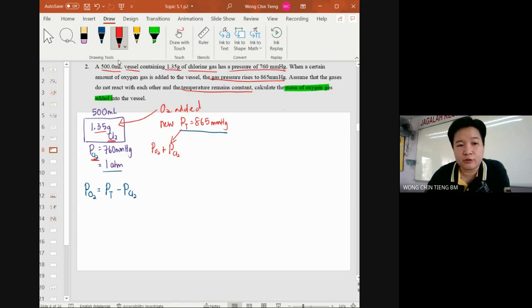So nak cari PO2, ambil 865 tolak 760 mm mercury ataupun tukar kepada atm. Kamu tukar atm. So over here, 865 mm mercury, 1 atm equals to 760 mm mercury. Macam biasa, 865 mm mercury equals to how many atm? Anybody?